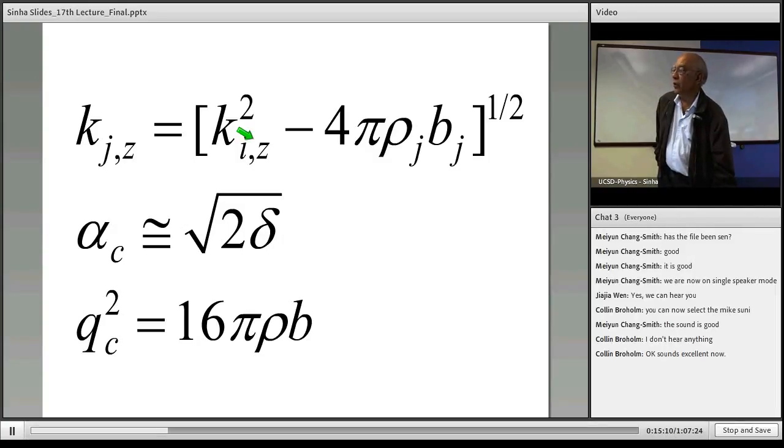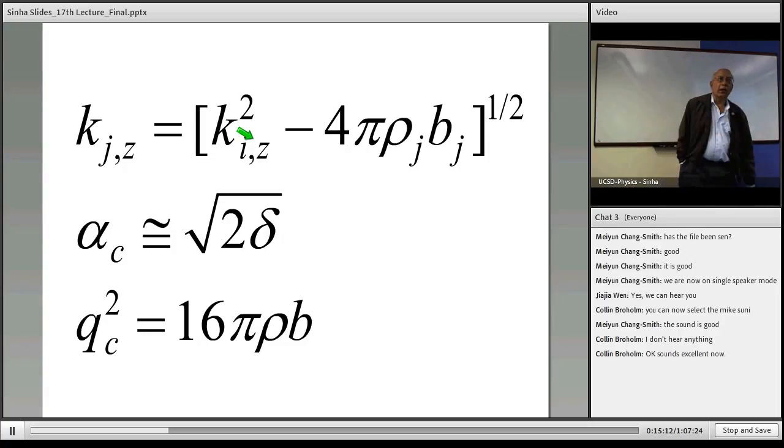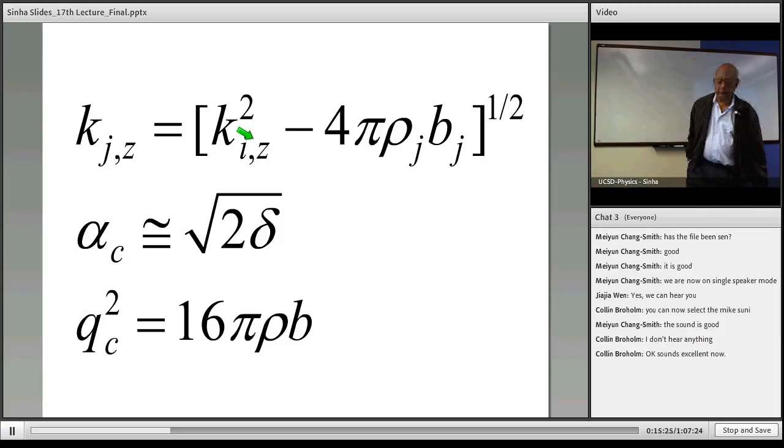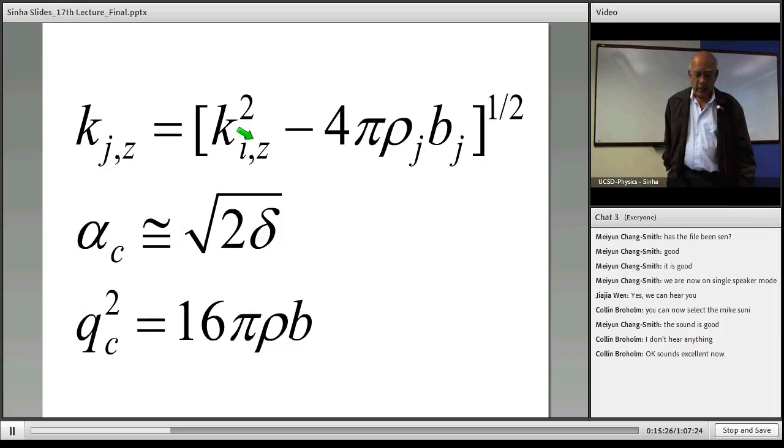And it corresponds, if you like, to a critical Q, a wave vector transfer, which is given by this expression. Again, this is the scattering length density times 16 pi, and you take the square root of that, and that is essentially the critical Q.